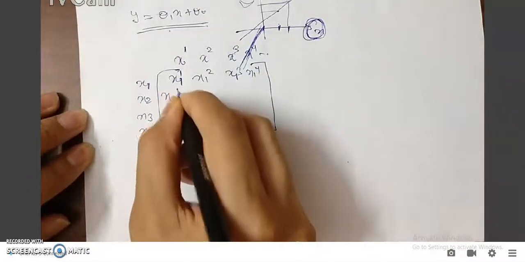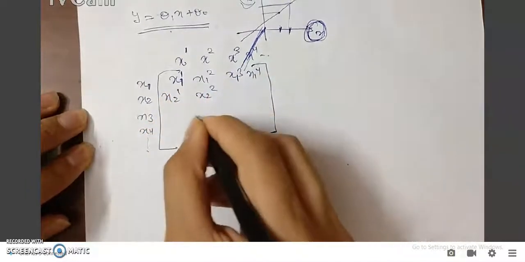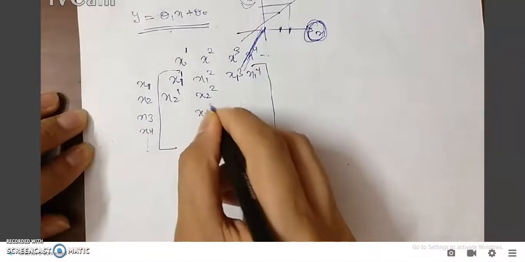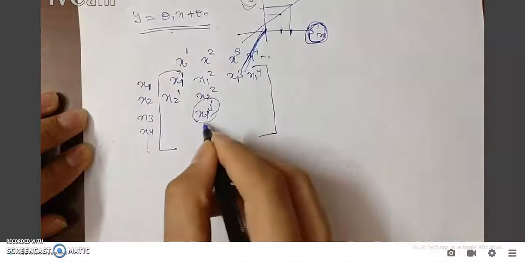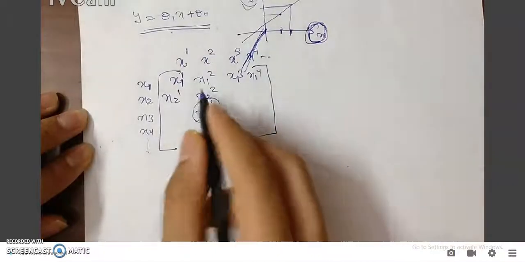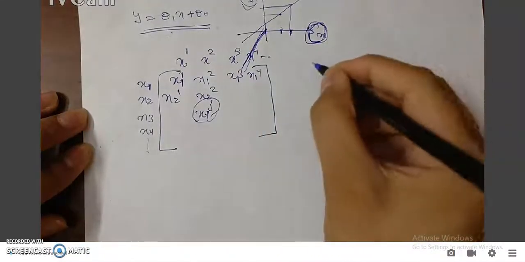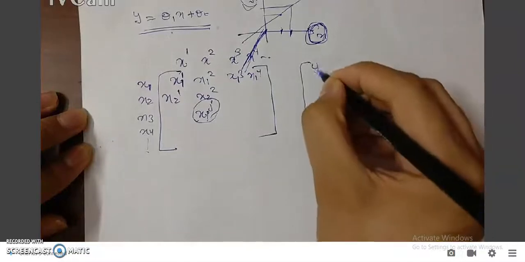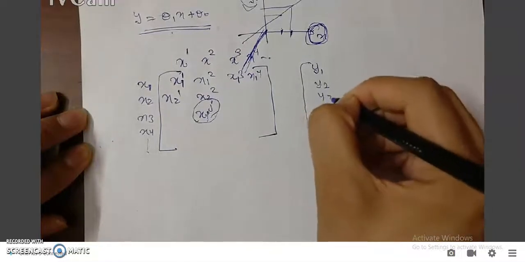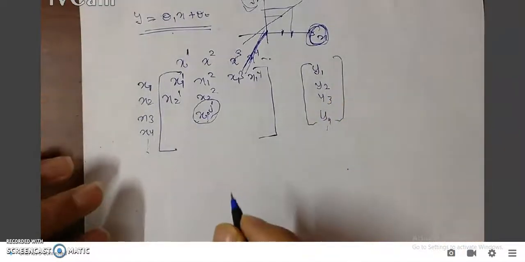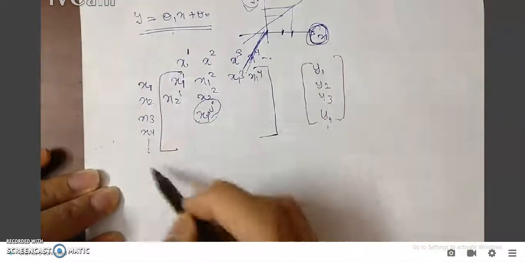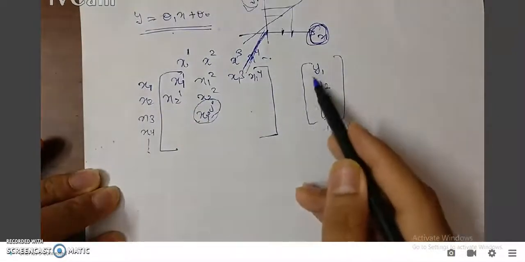This is x21, this is x22, and here it would be something like xij. So this value would be the ith data point and jth feature value, and corresponding to these values we will have y1, y2, y3, y4, like that, right? So we need to use these x values to calculate the y values.